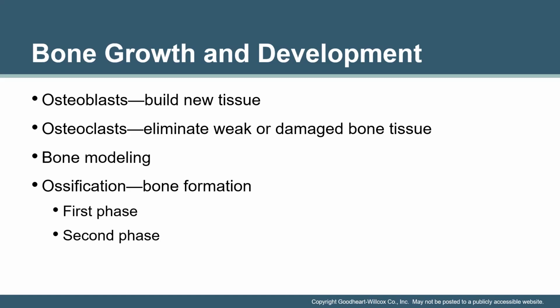So then in adult bone growth, even though we're adults, we're still doing this bone remodeling constantly. And for the reasons that I mentioned previously, for mineral matrix building and utilization.